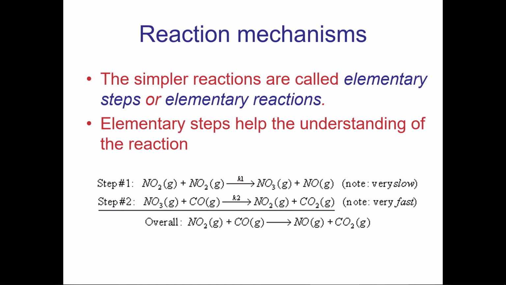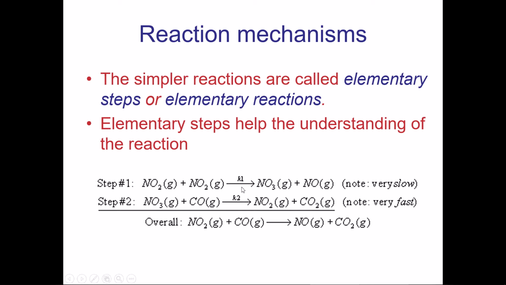So if we look at this example, in step 1 we have a molecule of NO2 and a second molecule of NO2 that have to collide to create an NO3 molecule and an NO molecule. Now this step is very, very slow based on what we can see in the laboratory.